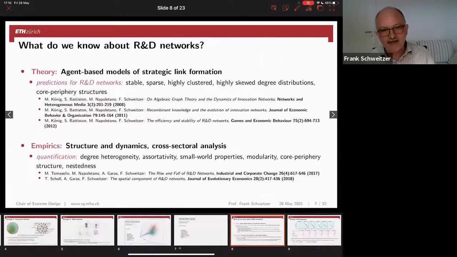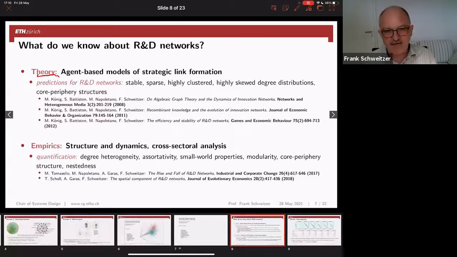We want to understand this life cycle behavior from different perspectives. We have started two different directions. One direction comes from theory. I'm not going to talk about this today. There we have quite abstract models about link formation of agents.